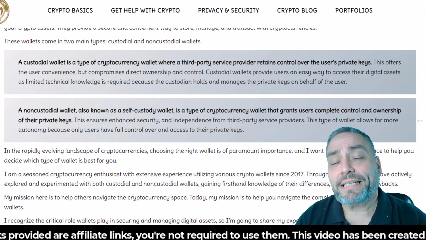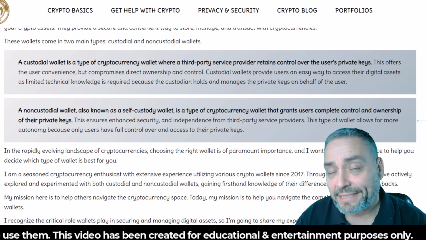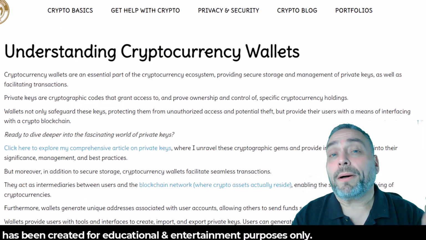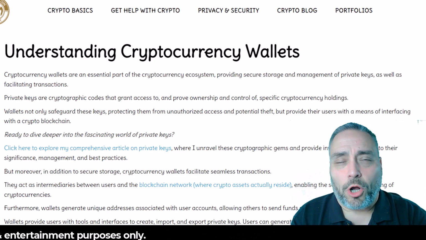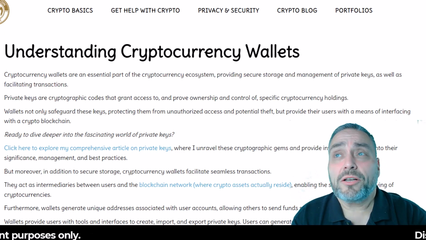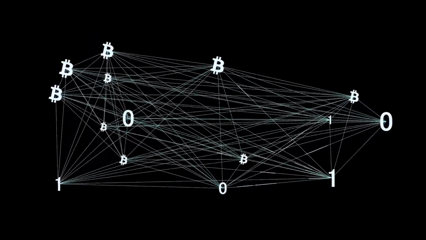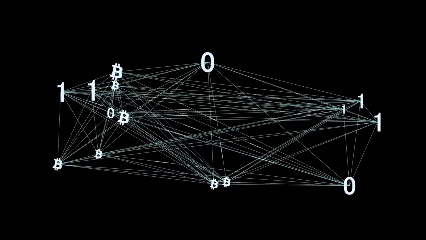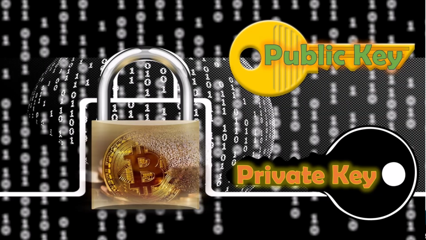Let's start out by taking a deeper dive into the custodial wallet option. Let's see what that's all about. But actually, before we do that, you need to understand that these wallets, for all intents and purposes, do solve the same function. They allow the user to interface with the cryptocurrency on the blockchain. Because remember, all that your wallet is holding is the private keys that give you access to your cryptocurrency assets on the blockchain.